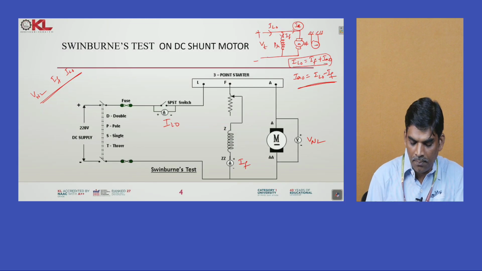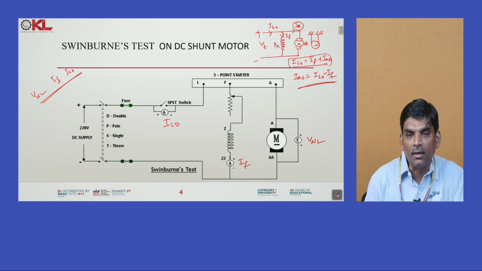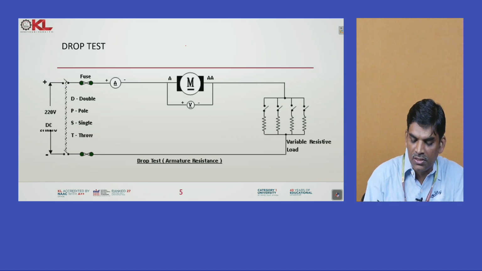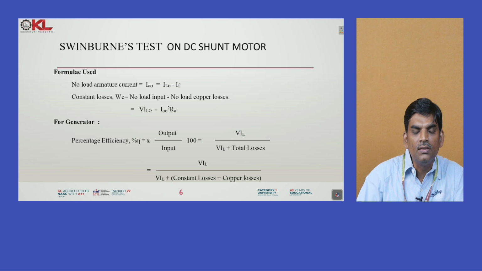Then by applying the rated voltage and under rated speed conditions, we note down these values. Once you have noted them, using this circuit diagram you find out the armature resistance RA. Once you calculate RA, you follow these formulas.